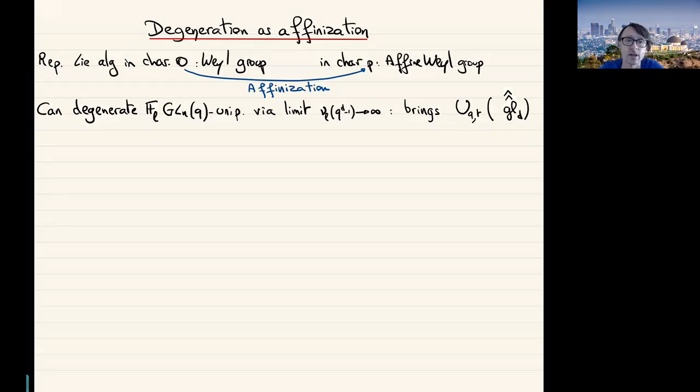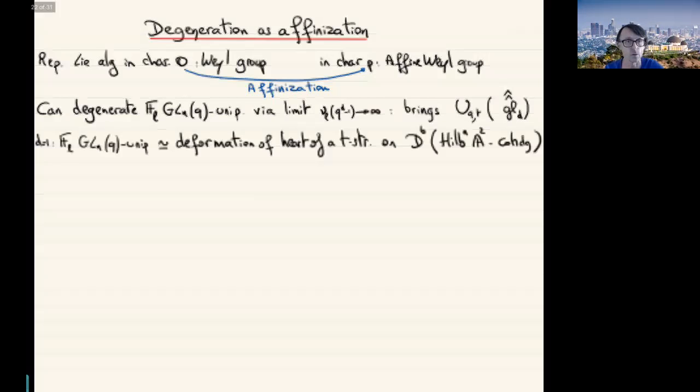So q^d closer and closer to 1 mod l. If you want, the l-adic valuation of q^d minus 1 going to infinity. So there's a way to make sense of that. And that's how you end up with this toroidal algebra and its two variable quantum version.